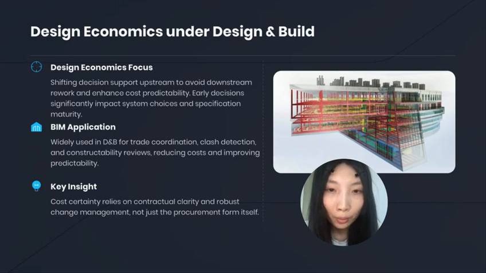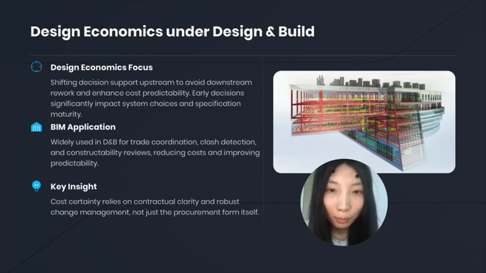One major tool that supports this is BIM. In D&B projects, BIM is widely used for trade coordination, clash detection, and constructability reviews. This application helps detect conflicts early and reduce unnecessary design and on-site inefficiencies.